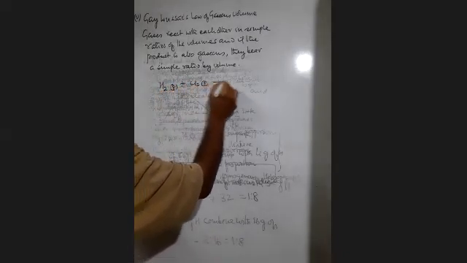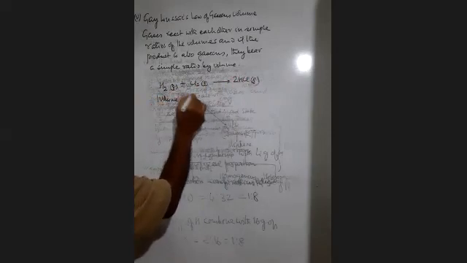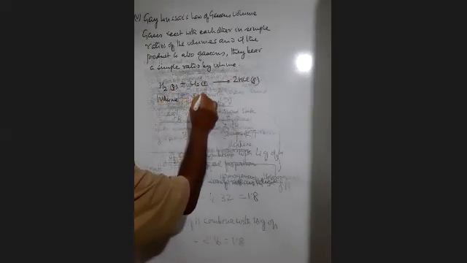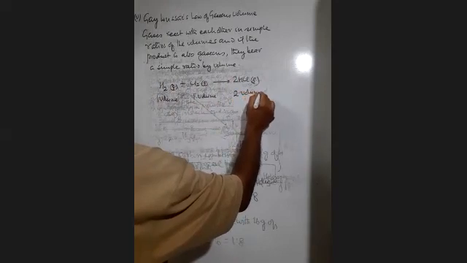Suppose you have taken hydrogen gas and you have taken chlorine gas. This will give you hydrogen chloride gas. Here we are not measuring their mass. What is this? This is 1 volume. This is also 1 volume. This is 2 volumes.